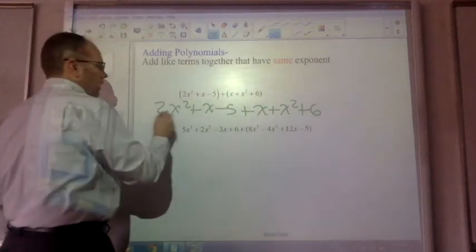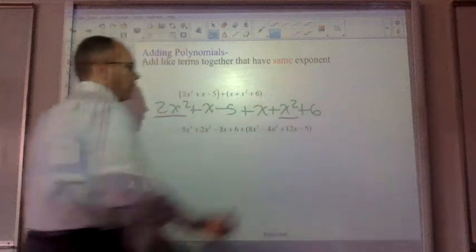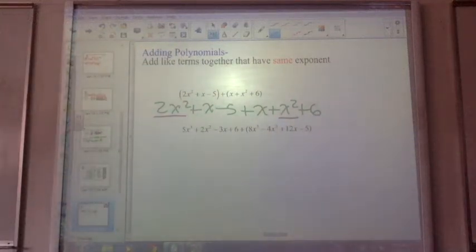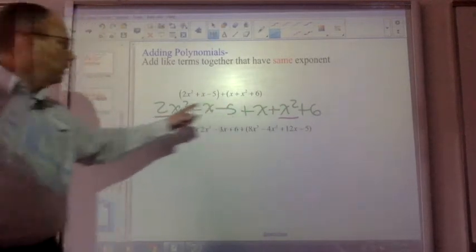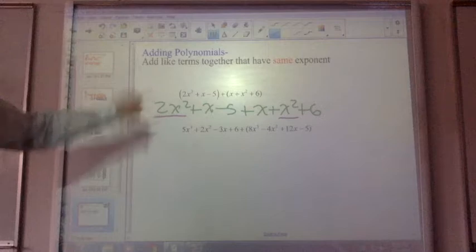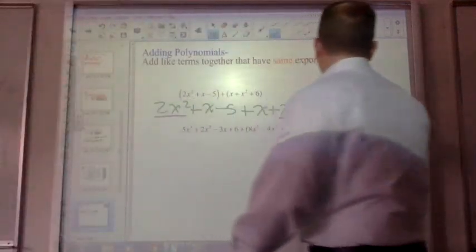So I have 2x squared and I have an x squared. How many x squareds am I adding together? 1 plus 2 is 3x squared.